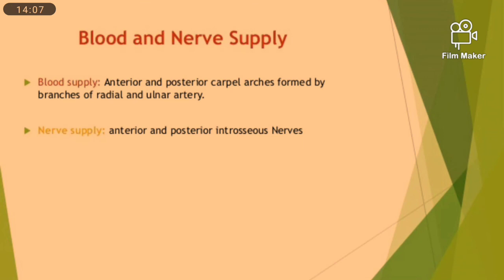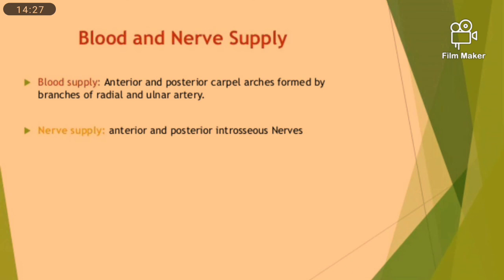Now blood supply and nerve supply. Blood supply is done by anterior and posterior carpal arches formed by branches of radial and ulnar artery. So you must be knowing superficial and deep carpal arches.